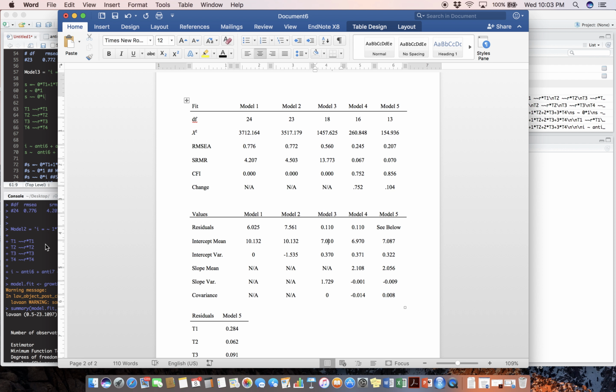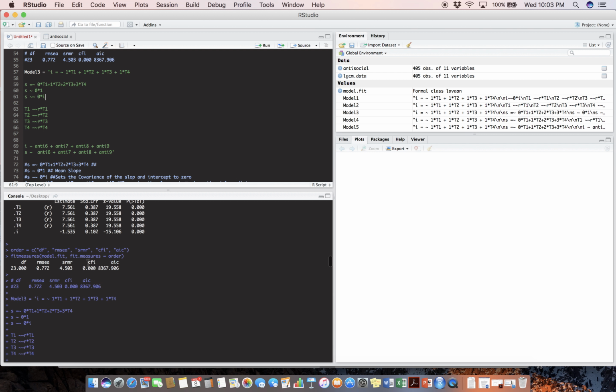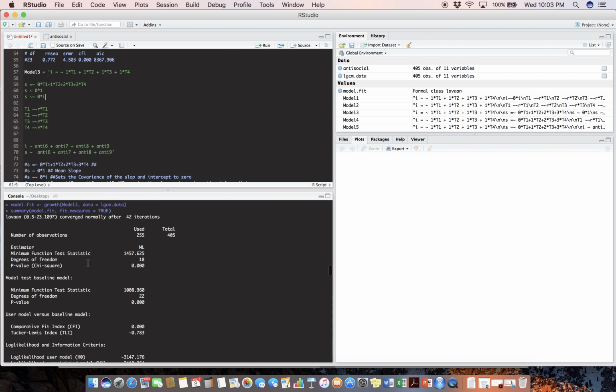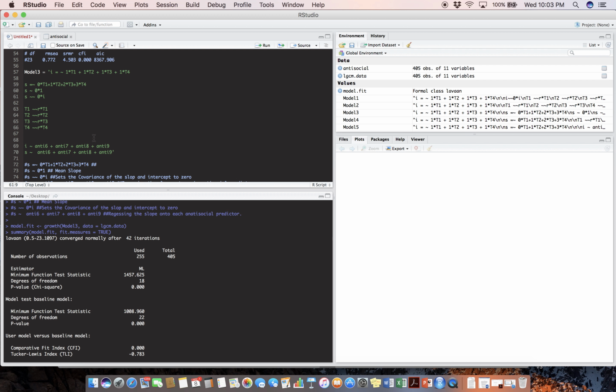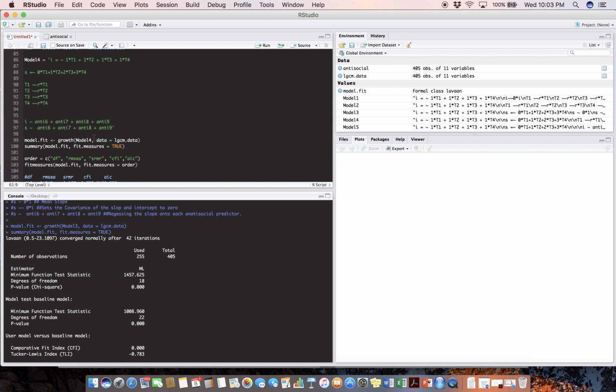All right, so now on to Model 4. Now with Model 4, we are allowing both the intercept and the slope to vary, but this time the slope isn't a random variance.